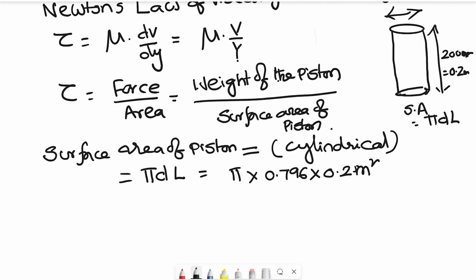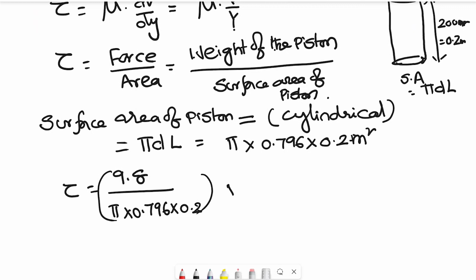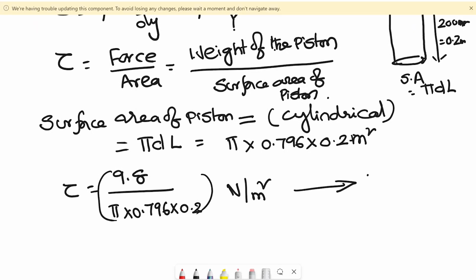So tau is equal to 9.8, the weight force, by pi into 0.796 into 0.2. Right? This is Newton per meter square. So this is one equation for us.